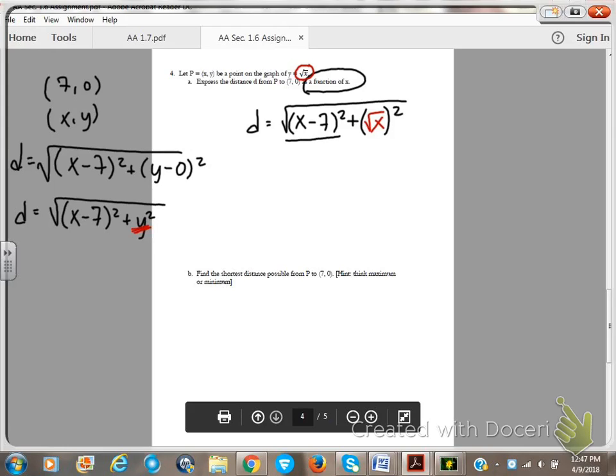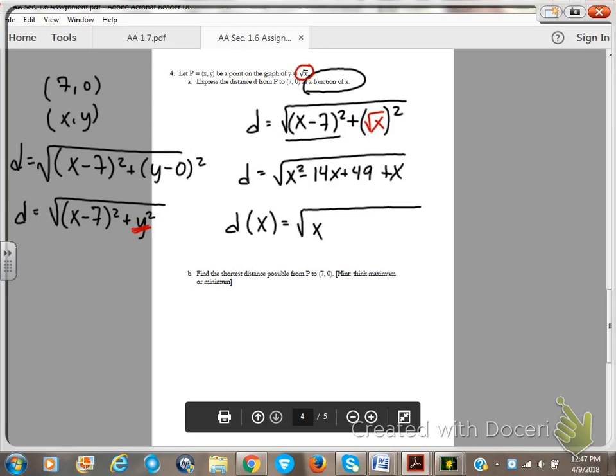A binomial squared becomes a trinomial, so that's going to give us x squared minus 14x plus 49, plus the square root of x squared. Well, squares and square roots cancel each other out, so that's just going to leave you with 1x. Combining like terms, d of x equals the square root of x squared minus 13x plus 49. x is the only variable in your equation, so you know you're done.